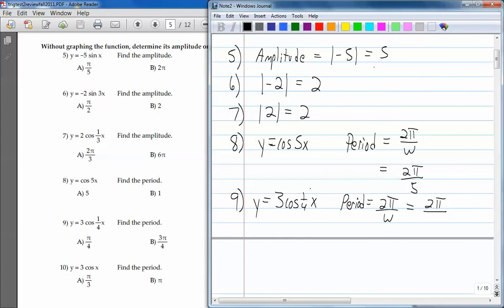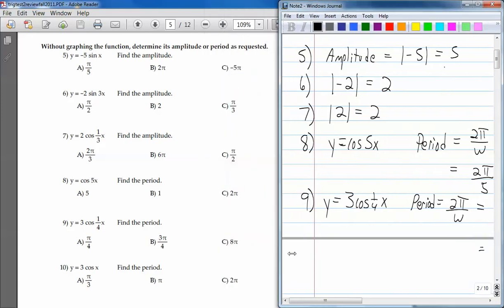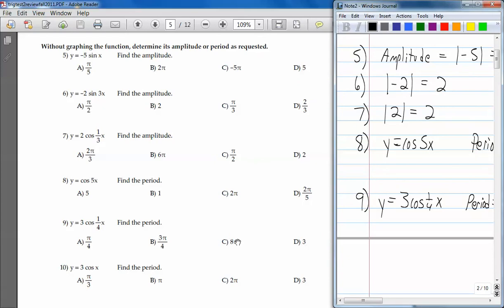So 2 pi divided by 1/4. Flip and multiply, so you're multiplying by 4 over 1. 2 pi times 4, that's 8 pi. So your period for that function is 8 pi, C.